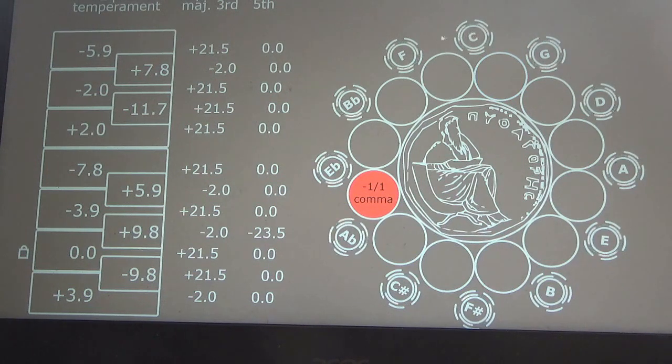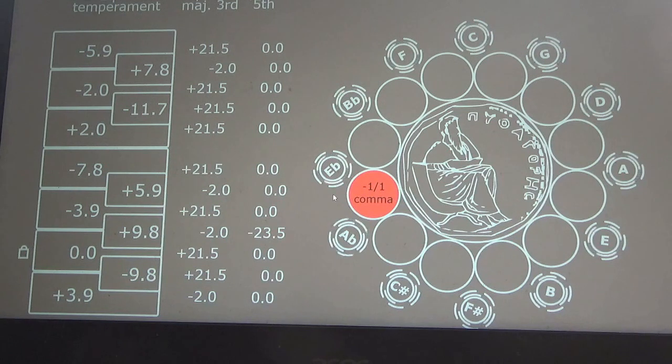Going round the other way, here we have F. Again, the fifth above F to C is pure, and the third above F, F to A, is very wide. That inner circle's turning fast. Similarly for B flat and E flat.